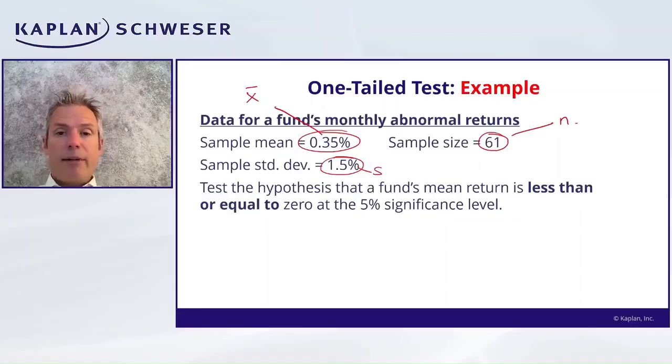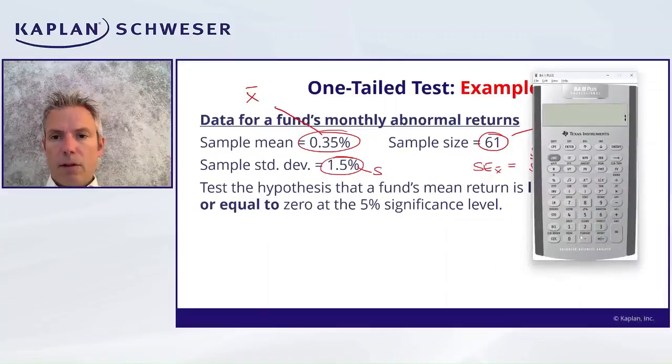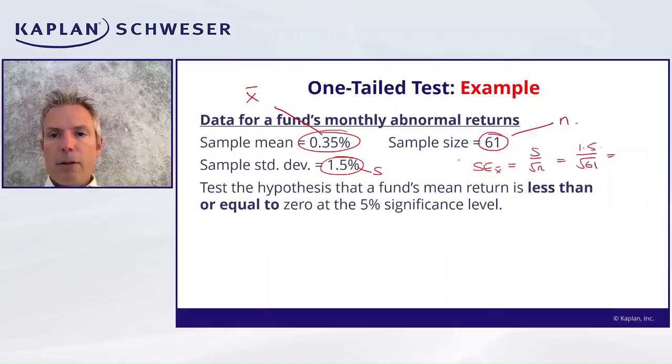There's a standard error on the table here for you, and by calculating the standard error as S over root N, something you really need to know, which in this case would be 1.5 over root 61, which is 0.192, you also remind yourself that by using S in the standard error of X bar, you are going to be using a t-distribution.